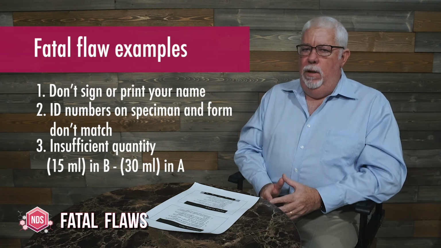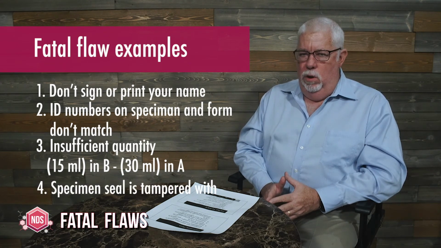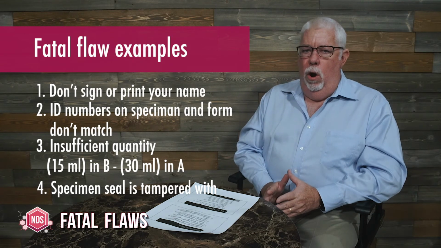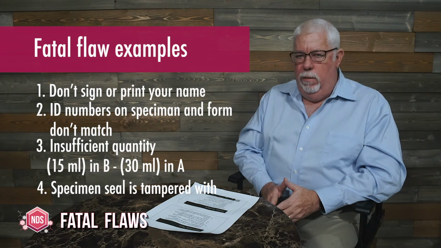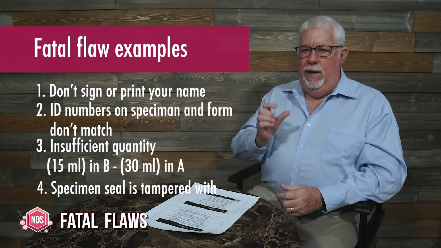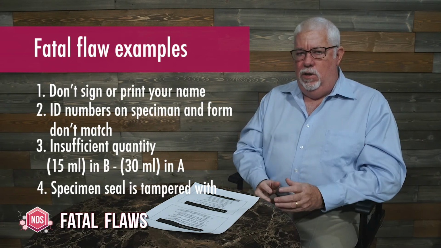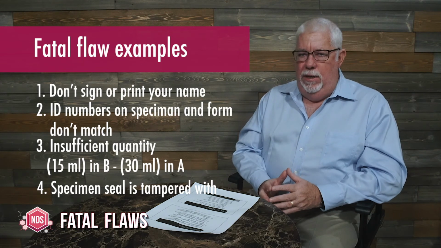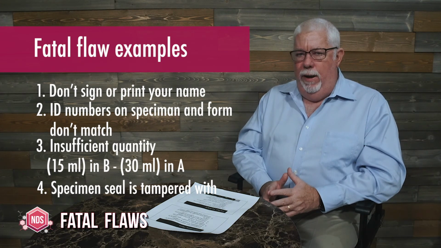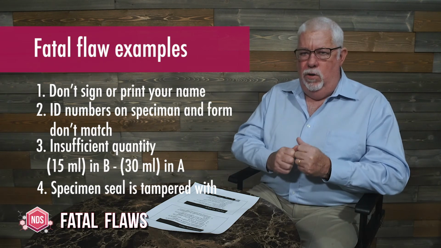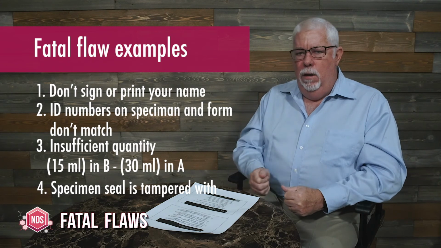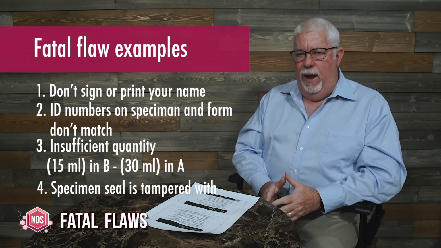Another example is if the specimen seal or seals on the specimen vials are ripped, torn, or appear to be tampered with. Remember, affixing those specimen seals to the bottles is sealing them up and providing a custody and control, a chain of custody, that these bottles are sealed and remain sealed until the laboratory has them.